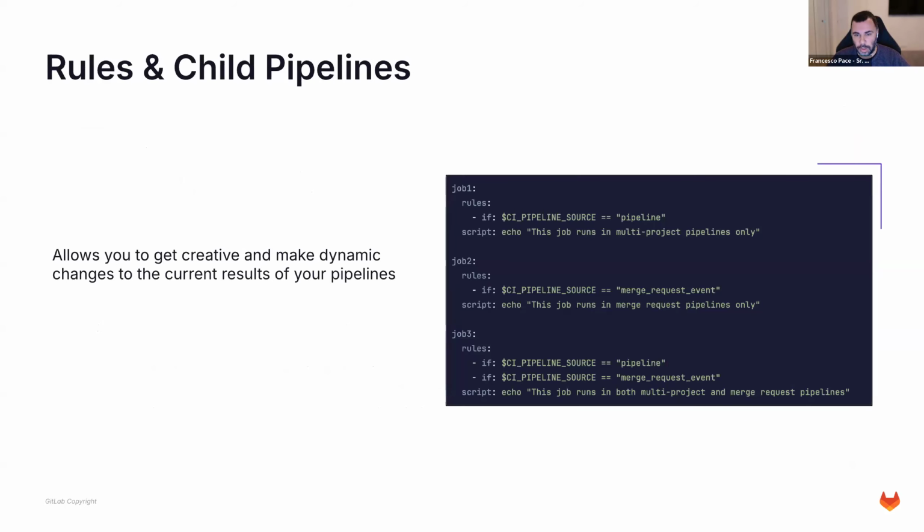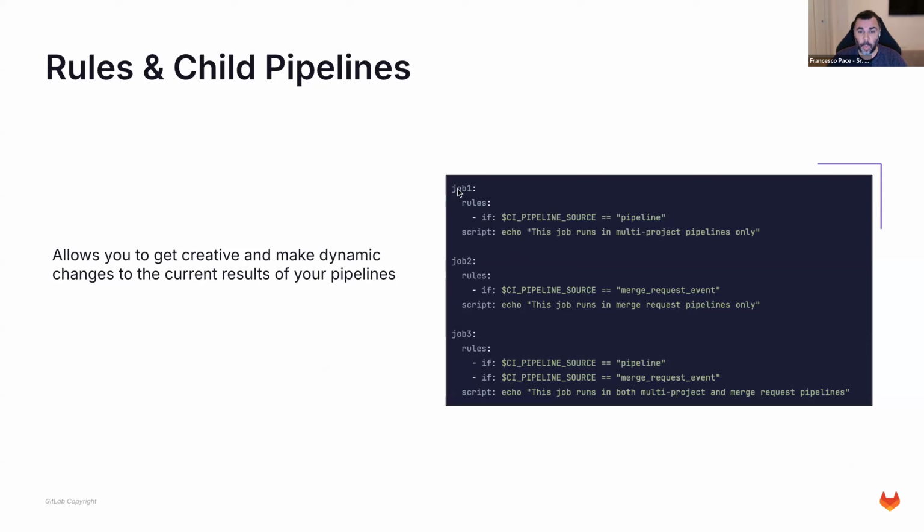Of course, you can define several rules when you trigger a pipeline. You can, for instance, decide to run a triggered pipeline if we are on a merge request, for instance, or simply in a pipeline, or in both of them. The key is to add the rules keyword specifying an if condition.